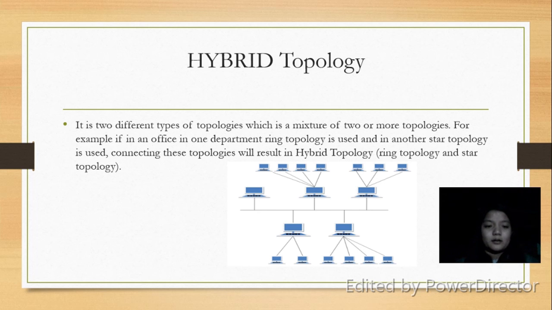So the hybrid topology is a mixture of two different network topologies, the ring topology and the star topology. You can see an example of the hybrid topology in that picture. They have a lot of computers connected to each other.